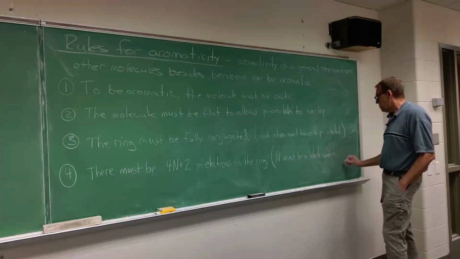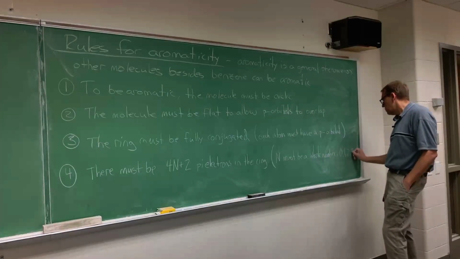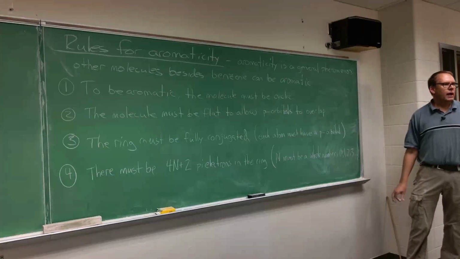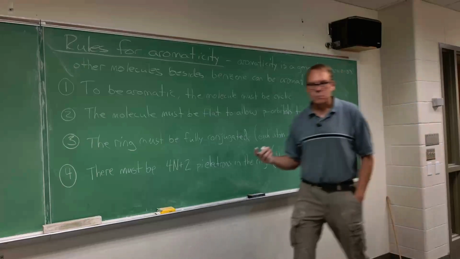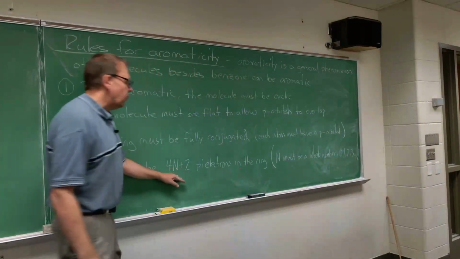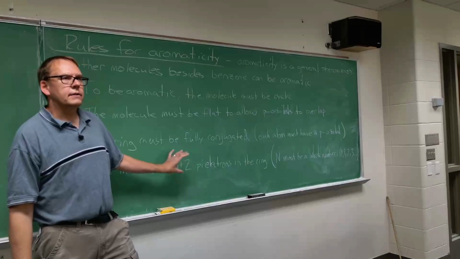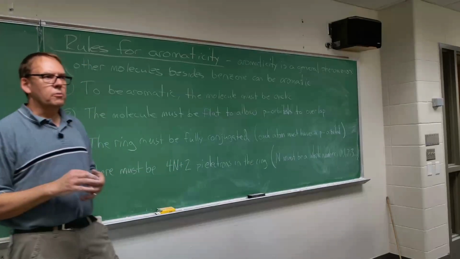So n has got to be equal to 0 or 1 or 2 or 3, like that. It can't be 1.5, or 0.75. So if you count up the pi electrons in a molecule and they fit this formula where you can find an n value that is a counting value, then that's a type of electron configuration that leads to aromaticity.